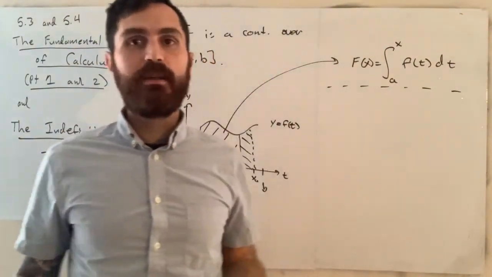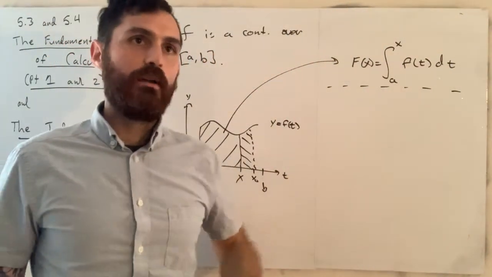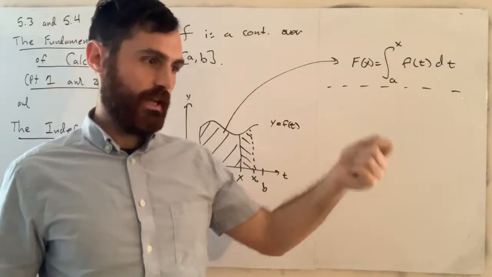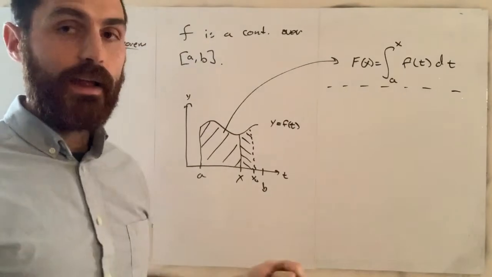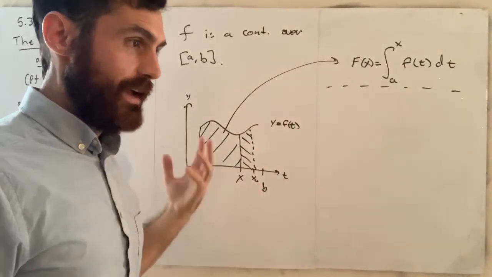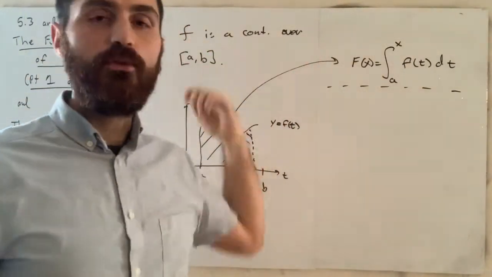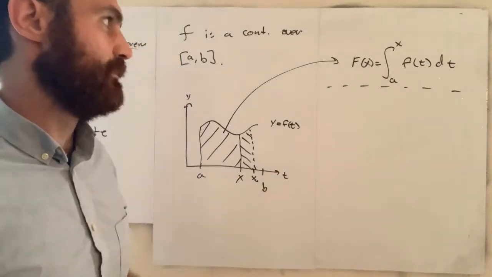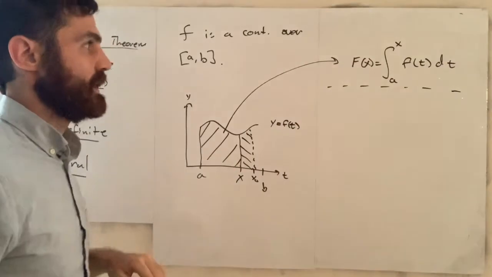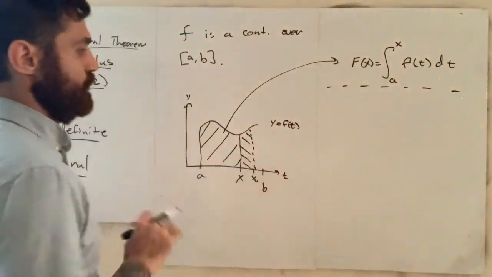We've seen that before when talking about derivatives. You have functions and you take derivatives and you get new functions. So this is another way that's similar in that sense, that you have functions and you get new functions from them. Now, it's not taking the derivative. It's very different from that, and we're going to explain the relationship in a second. But the idea is it gives you a new function.